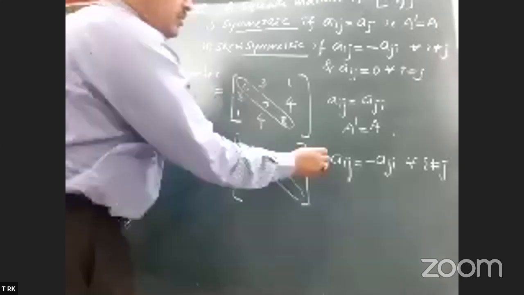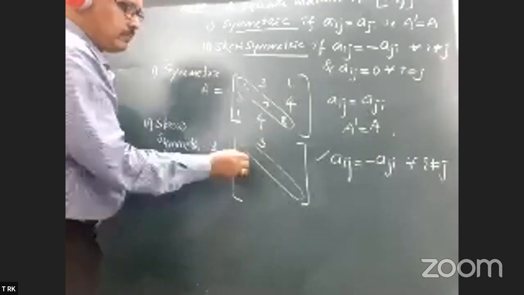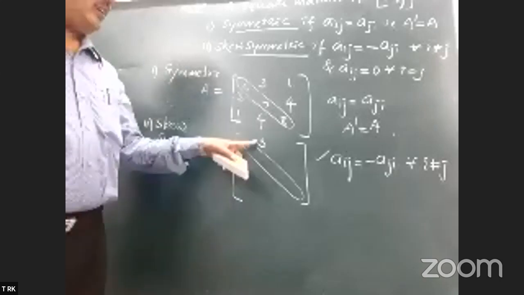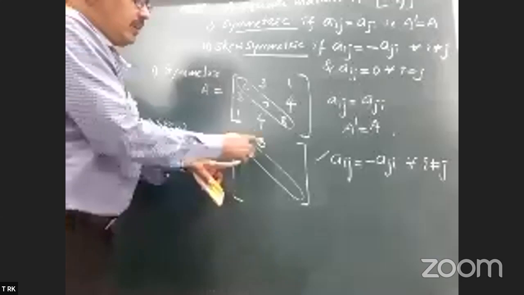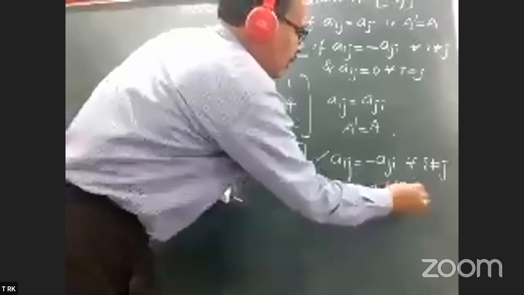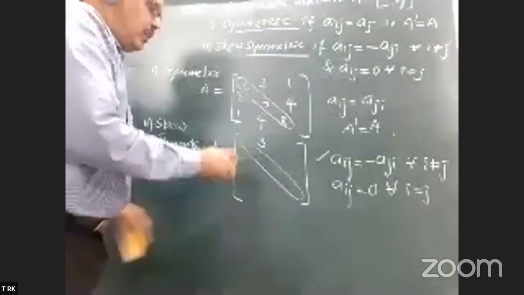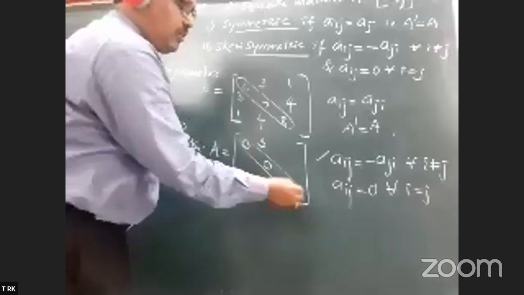So this condition gives, if I write 3, then what should be here? Aij is 0 for all i equal to j. I mean A11 is 0, A22 is 0, A33 is 0.